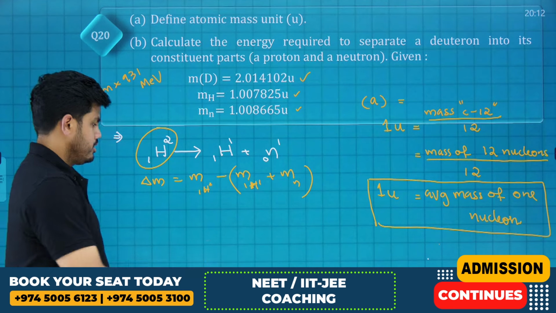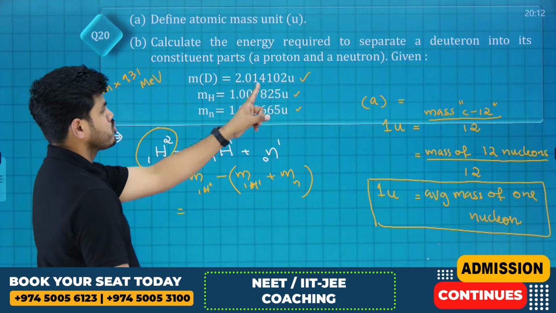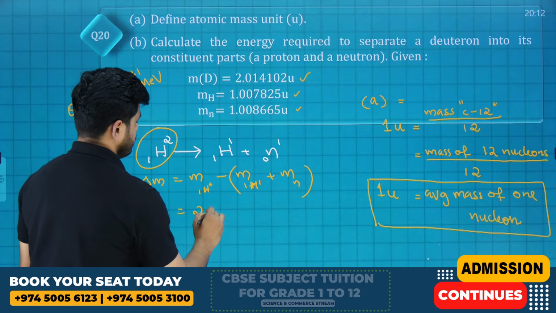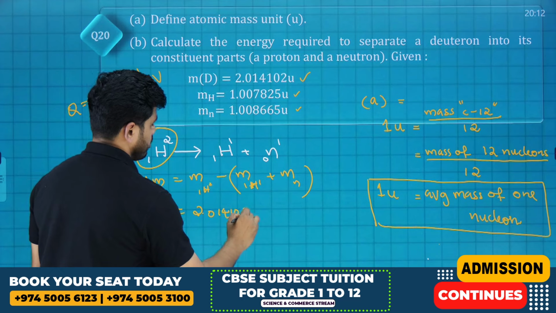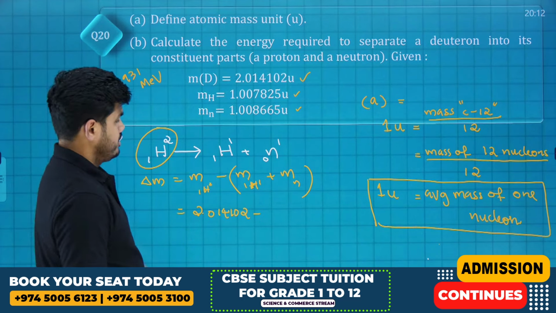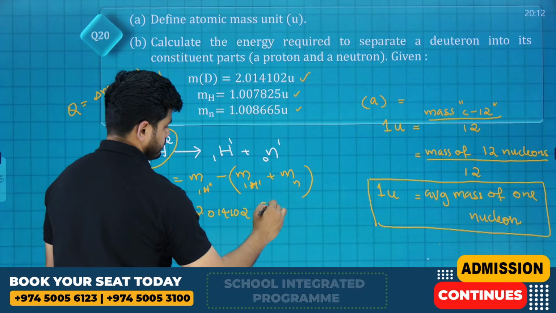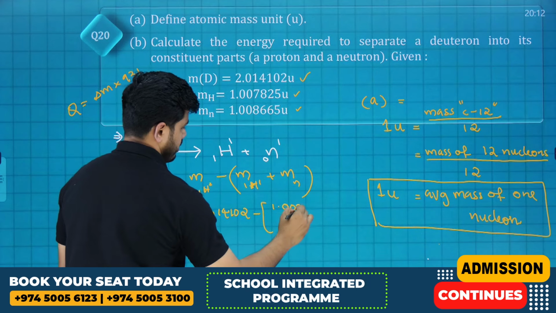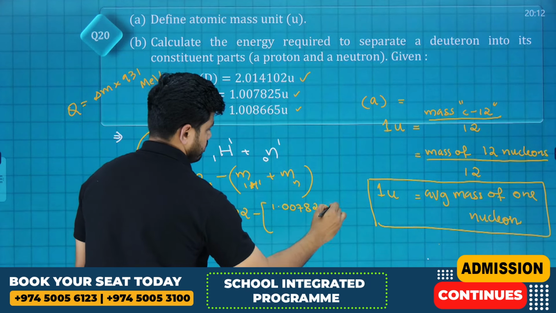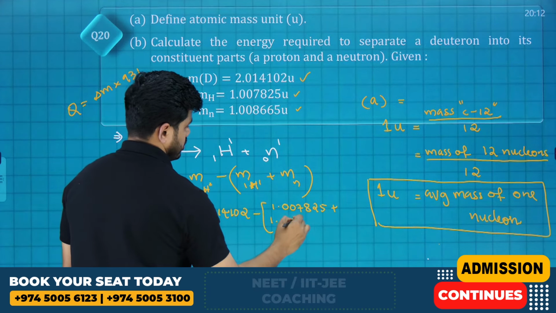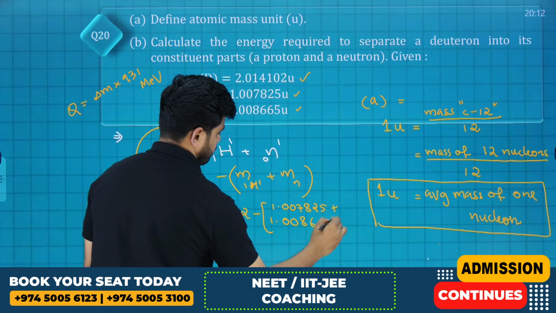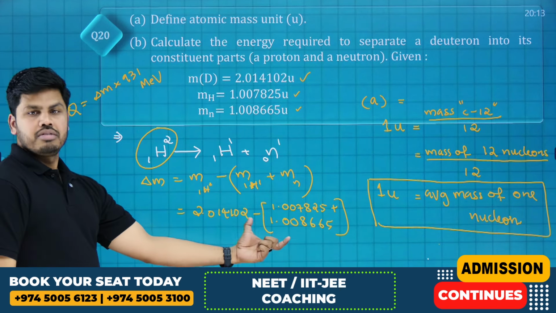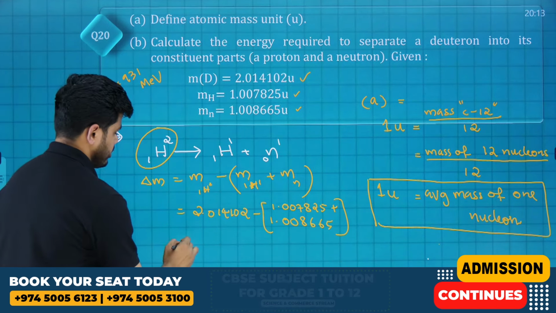So that is the delta M. We have the deuteron mass given, 2.014102 atomic mass unit, minus the sum of the two, 1.007825 plus 1.008665. These values we have taken in the previous questions also.